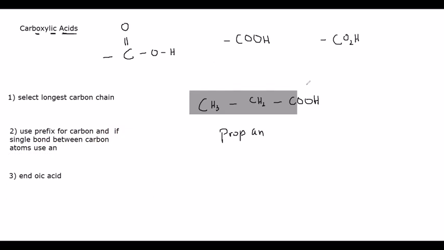And then because of this group, C double bonded with O and OH, what we call them as carboxylic acids, the name should have oic acid, so it will become propanoic acid. So prop because of 3 carbon, AN because they have a single bond, and oic acid due to this group.